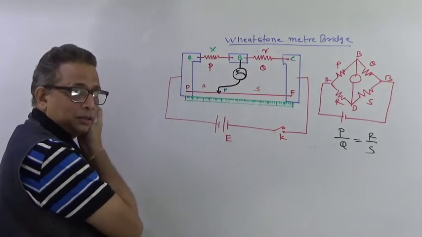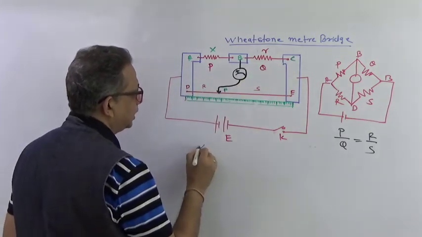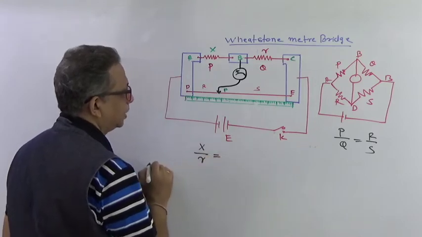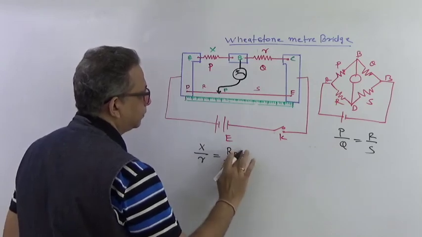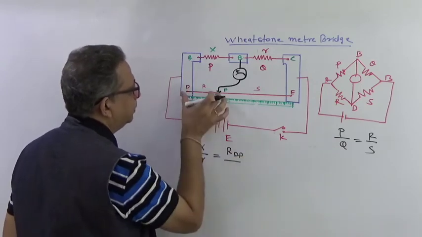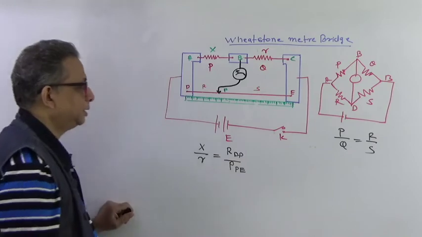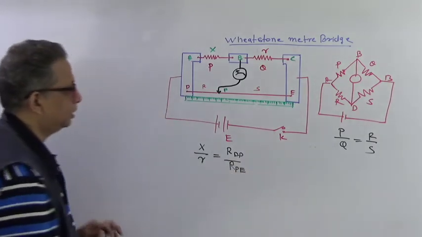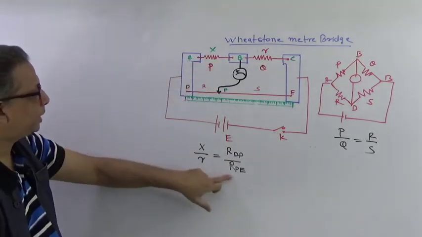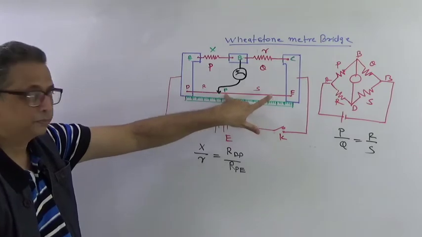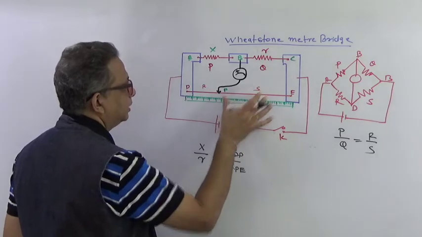So this is P, this is Q, and I will write X upon R equal to the resistance of length dP upon the resistance of length PE. What is RdP? The resistance of the length dP. What is RPE? The resistance of the length PE. So this arm is R and this length is the S resistance.